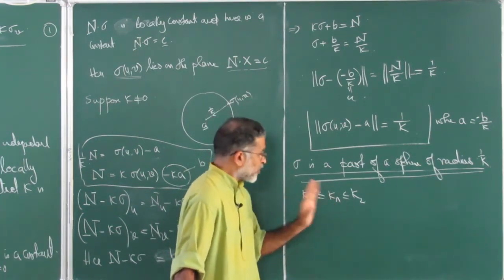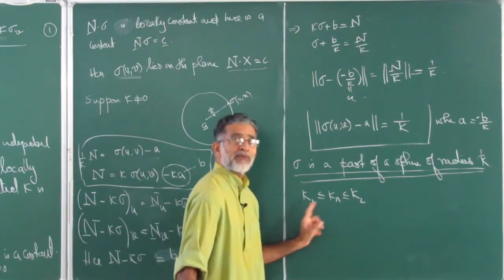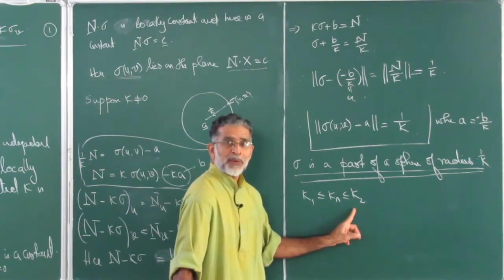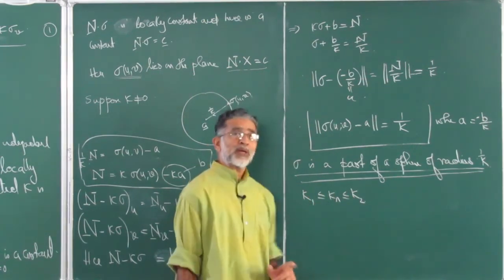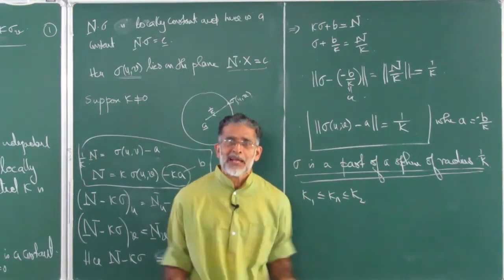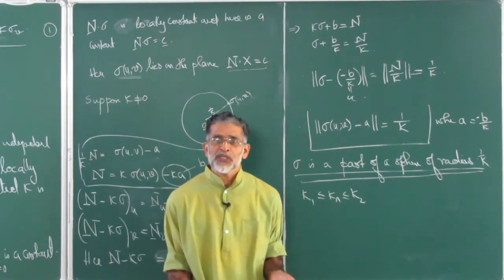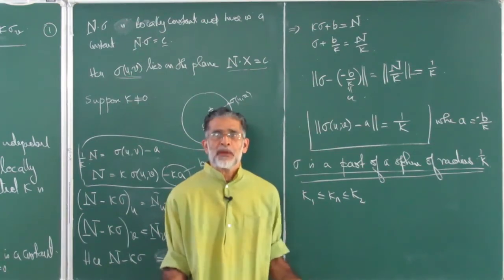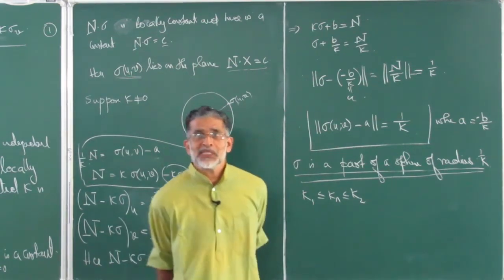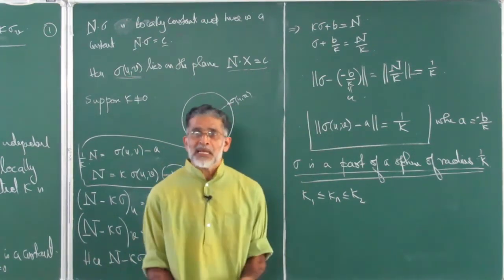And that lies between kappa 1 and kappa 2. So if kappa 1 equals kappa 2, what does it mean? In any direction, the surface moves the same way, at least close to your vicinity. They behave exactly like this.